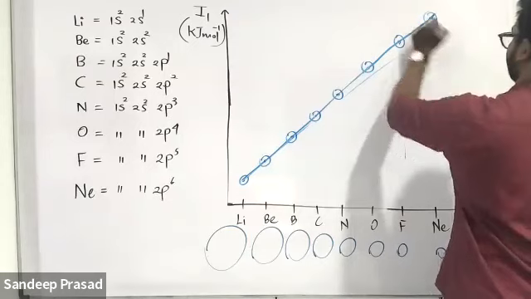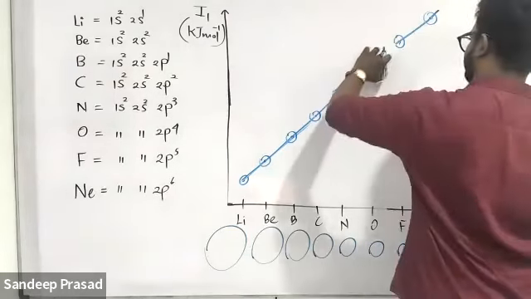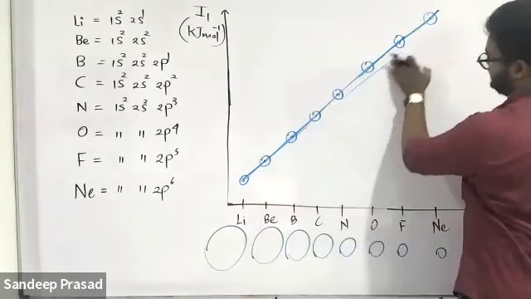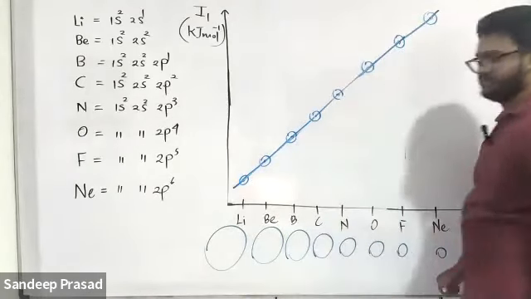Neon comes here. In this way the radius should decrease and ionization energy is increasing. This is the way.